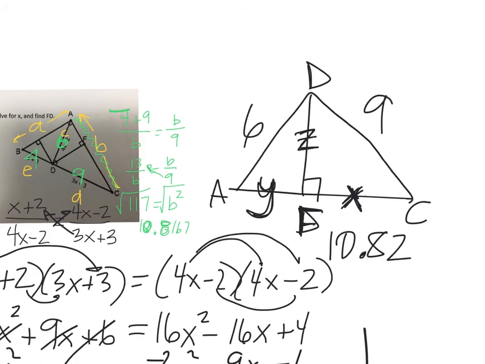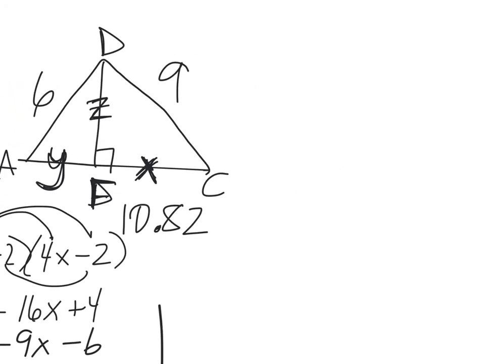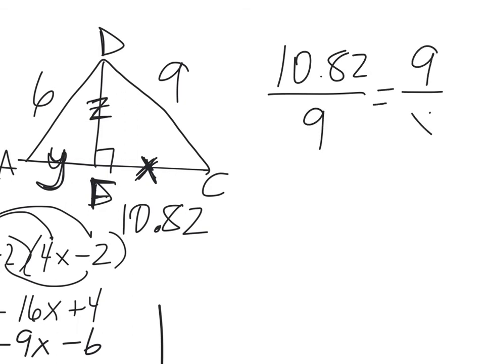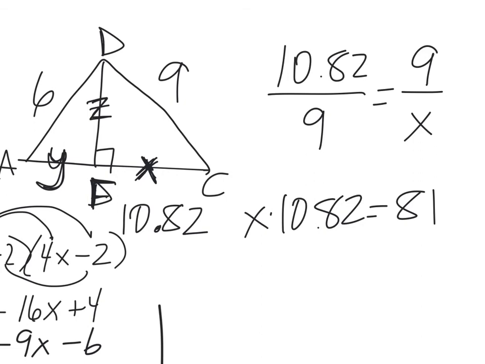Okay, lots of work, but it all uses basically the same proportions. So 10.82 over 9 is in proportion to 9 over x. Equals, times x equals 81. So we'll do 81 divided by 10.82.